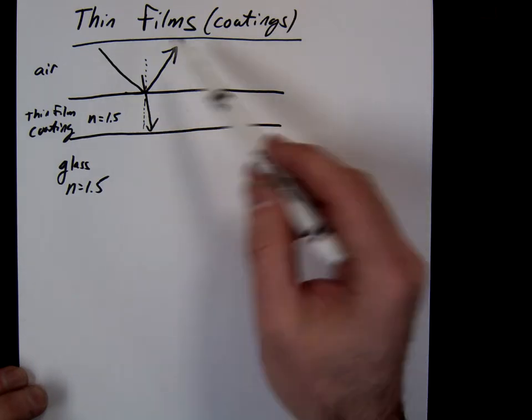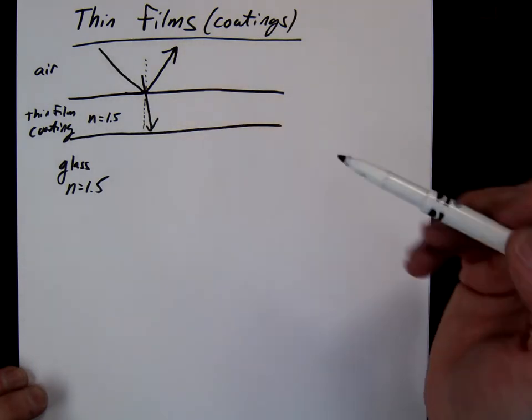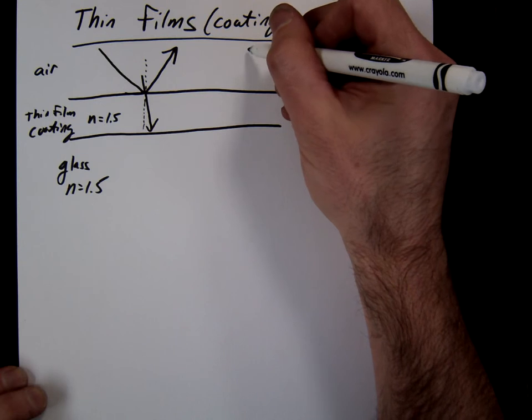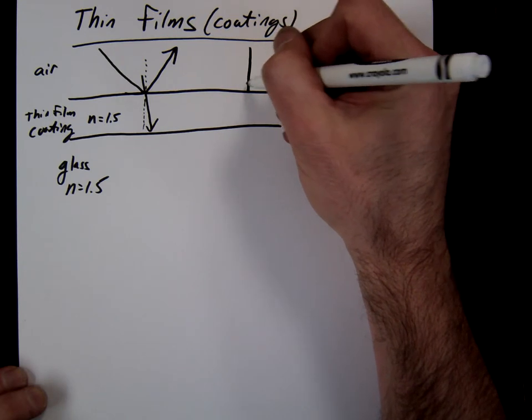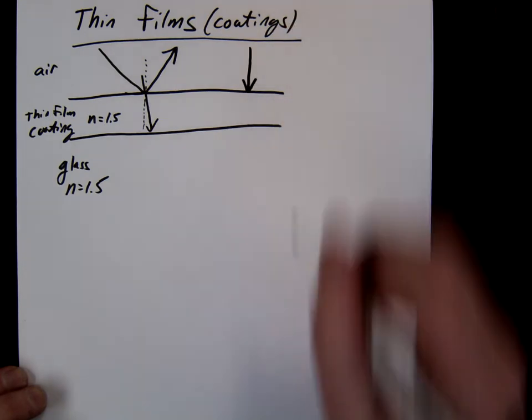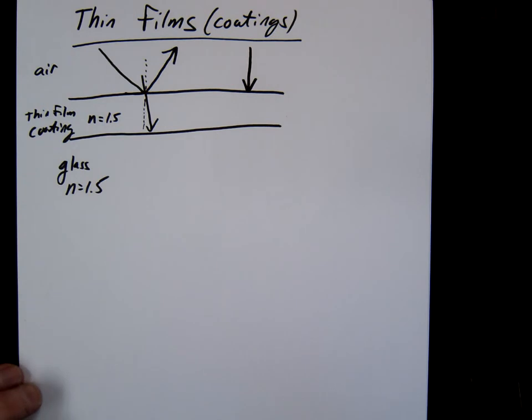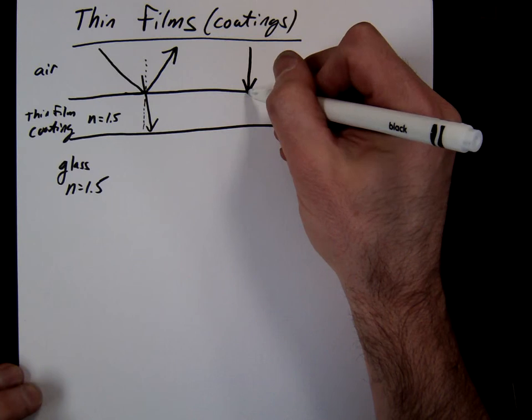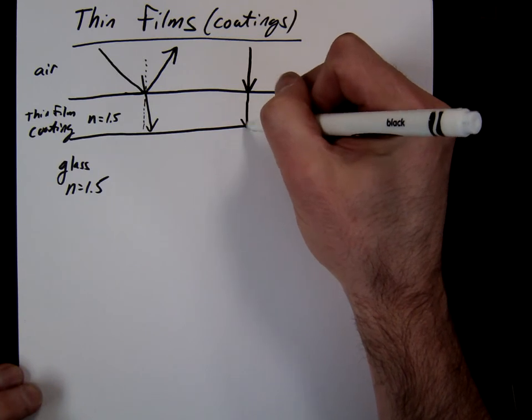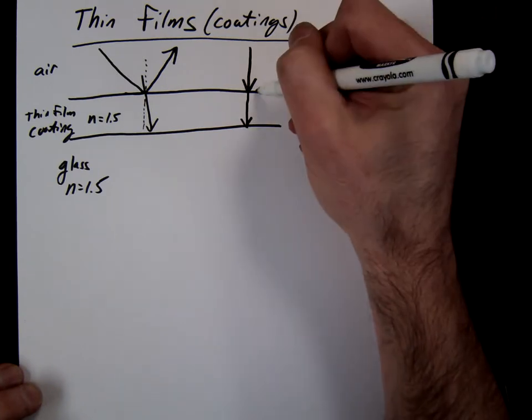Okay, today we're not going to look at this complicated a problem. We're going to look at a simpler one, which is if I just come straight down like this. Some of the light's going to continue, and some of the light's going to reflect.